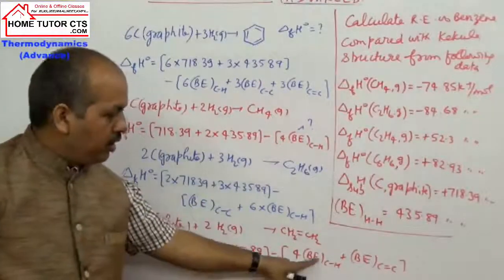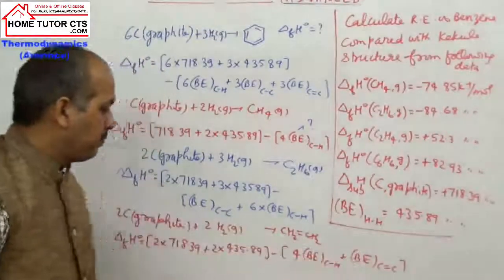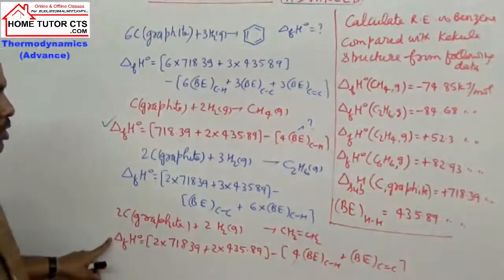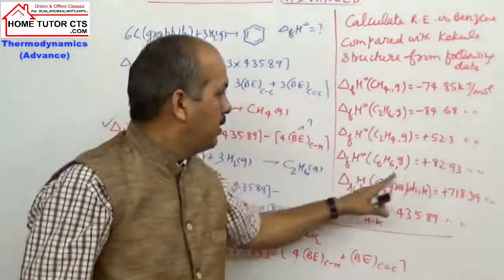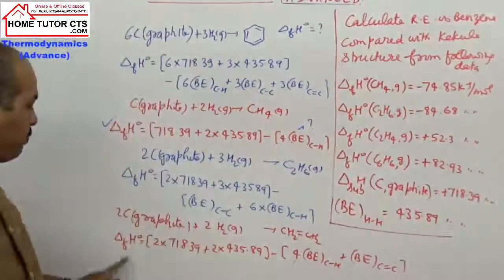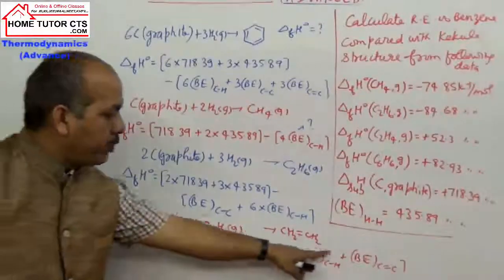You can put it here. Only this value is required. The heat of formation of ethene is given to us, plus 52.3. So this value we can get from here.